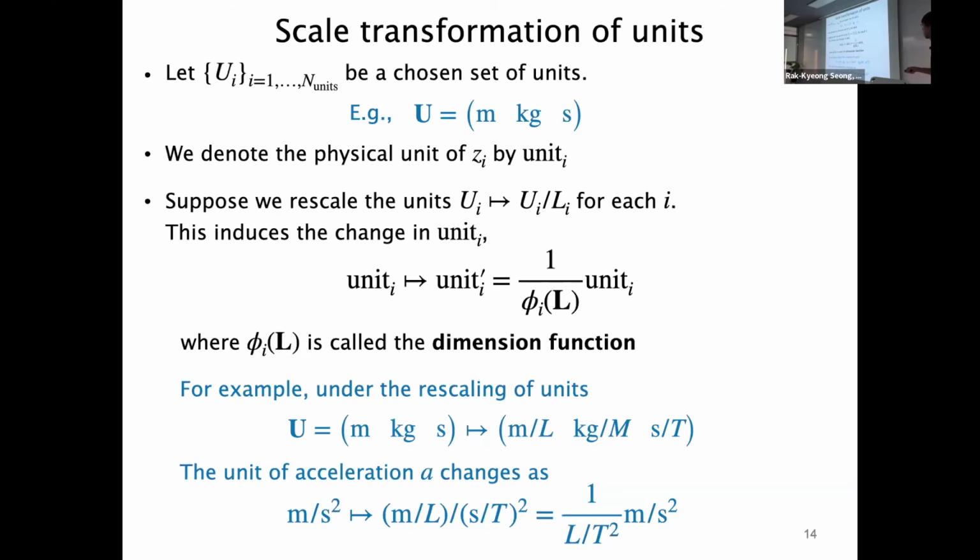The unit of acceleration is made up of meters per second squared, and under this rescaling of units, it is multiplied by this factor. We define this quantity as the dimension function of this particular physical parameter. As you can see, it just reflects the physical dimension of this parameter.